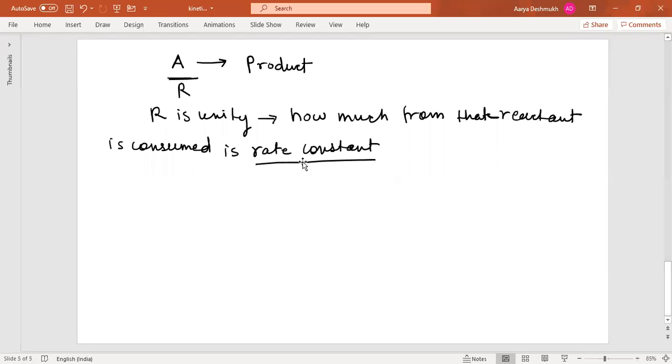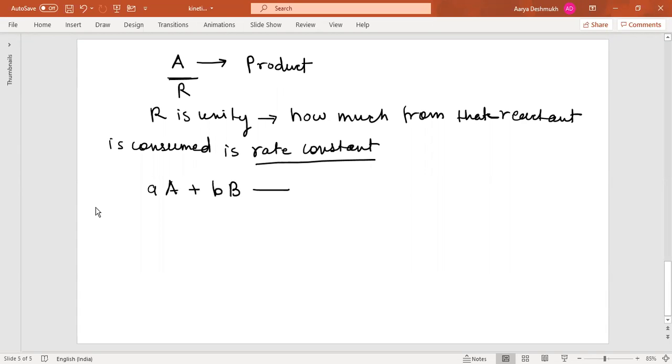Okay, now proceeding further, we need to calculate the units for this rate constant. Again I'll write the reaction, the same one.